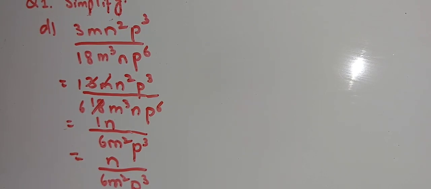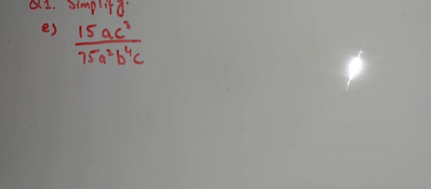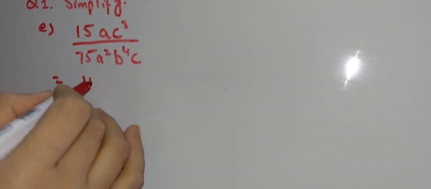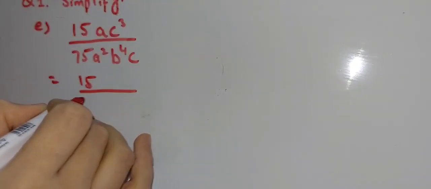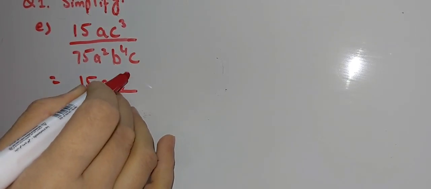Now move on to part E. Part E is 15a c cube upon 75a square b4 and c. First of all, what do we have to do? We have to solve the numbers 15 and 75. So 75 and 15 both come in the same table.